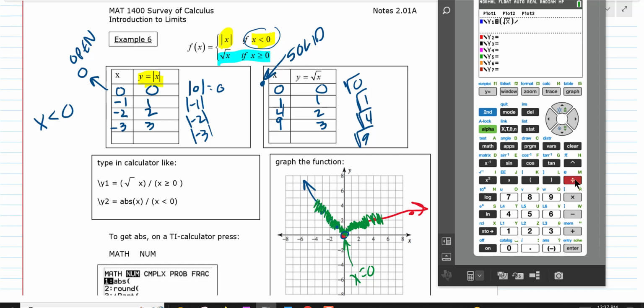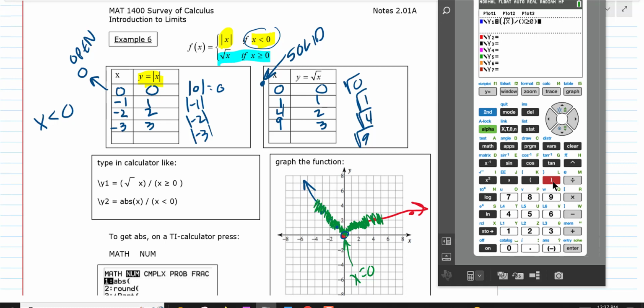Okay, you're not dividing. That's just the way the graphing calculator separates the function from the inequality. So you go ahead and put division, then another set of parentheses, then you go x, then you got to go to that test button. So now you got to go second math, and then you got to find your greater than or equal to symbol, like that, and that's greater than or equal to 0, and then do that.